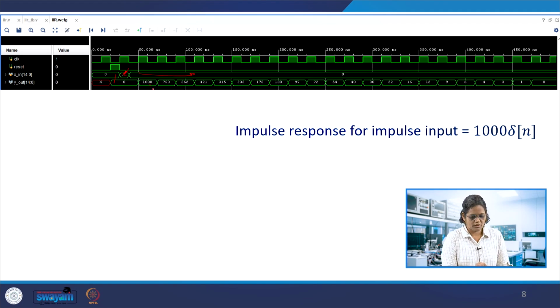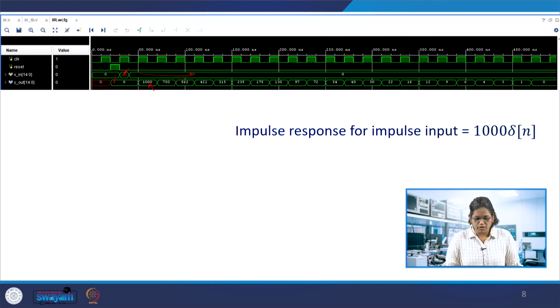After that you get the output 1750 and so on. Here the impulse response continues giving the numbers for 1000 delta n. So there will be word length effects, and then the approximations would also be seen here. We get this response as an impulse.